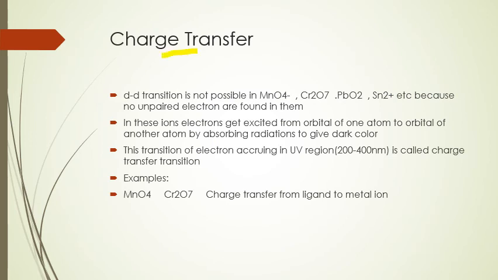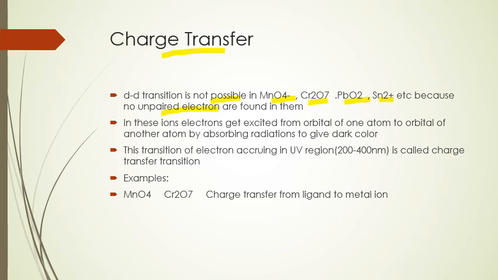The next reason is charge transfer, in compounds where the d-d transition is not possible, for example manganese oxide, chromium oxide, lead oxide and tin, because they do not have unpaired electrons. So d-d transition cannot occur in these ions and compounds. Why do they appear colored if the d-d transition is not found?